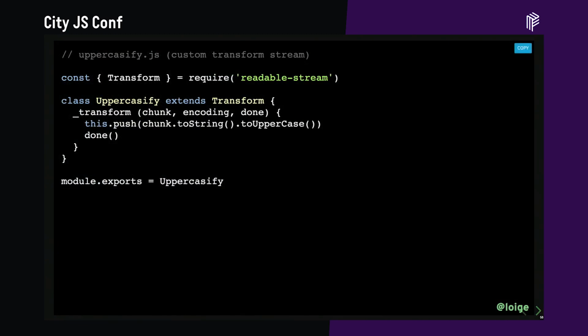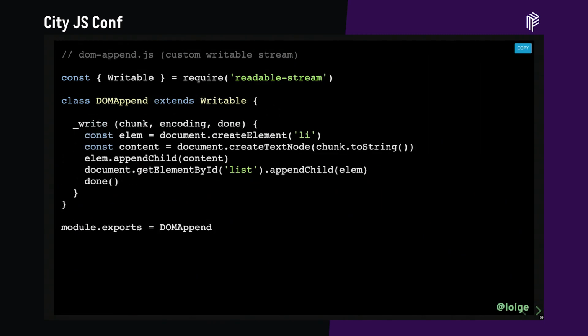So super simple stuff. The transform stream is even simpler. Again, we import a class from this package. We extend that class. We implement the transform method. And here, what I'm doing, I'm just saying, I'm going to push this as a string and make it uppercase. And then it's done because it's just a synchronous operation. I don't have to do anything asynchronous here.